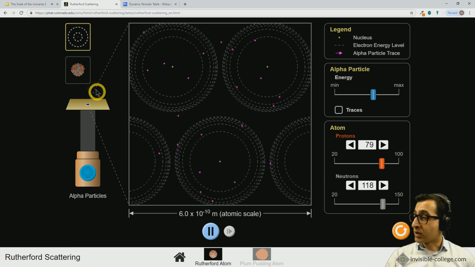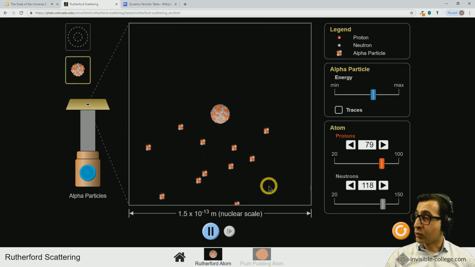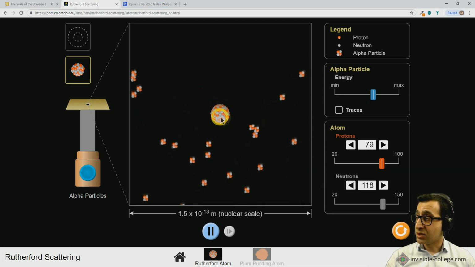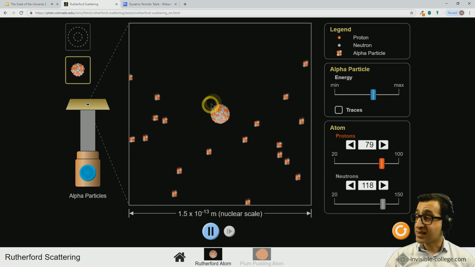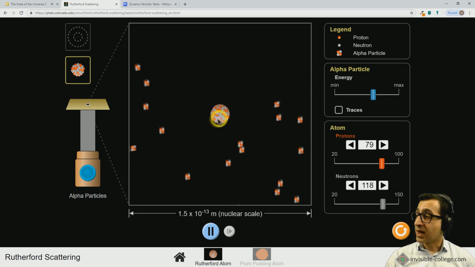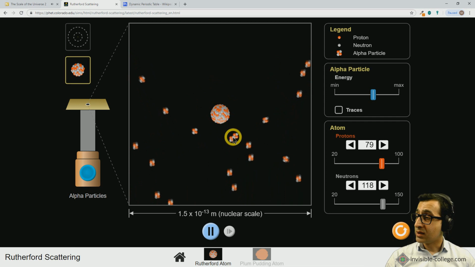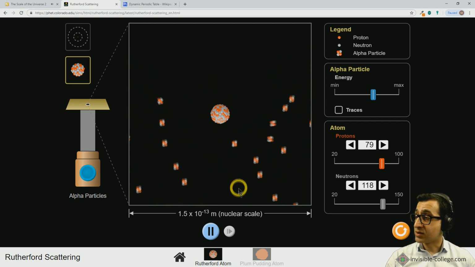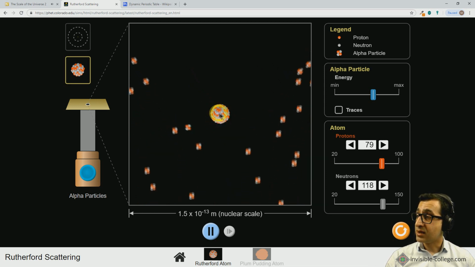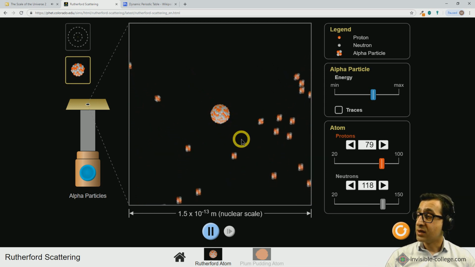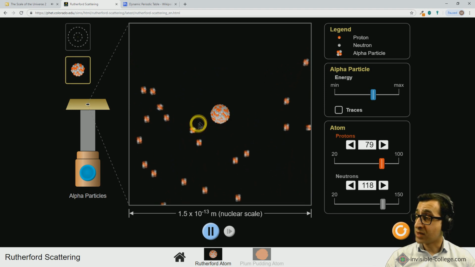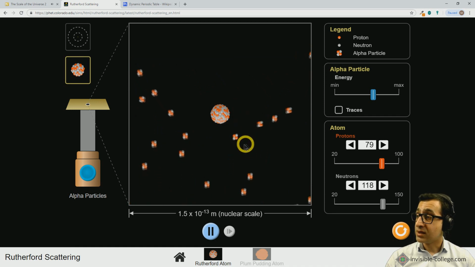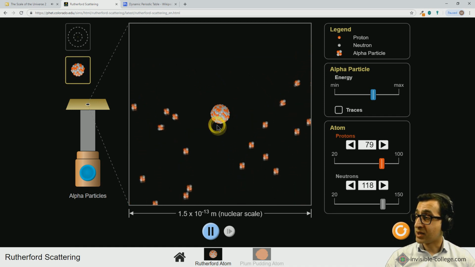So if we zoom in on one of these nuclei, we can see what's happening in a little bit more detail here. So the nucleus, being composed of positive charges and neutral particles, the neutrons, itself has an electrostatic field around it, and this electric field will repel other positively charged particles like alpha particles, and the closer they get to the object causing the field, the nucleus, the bigger the force acting on those particles to repel them away from the positively charged nucleus, and therefore the greater the deflection that those alpha particles will experience.